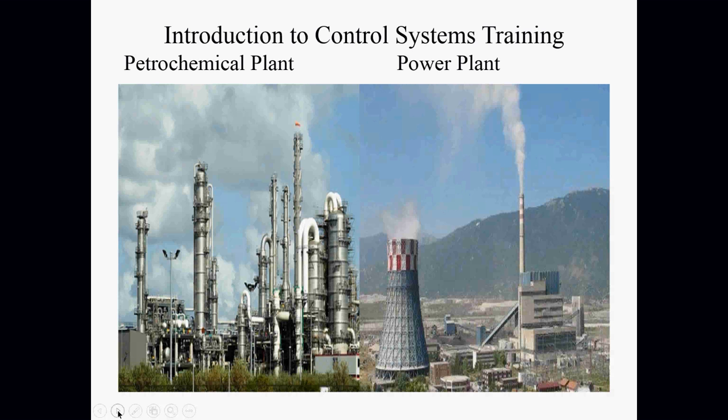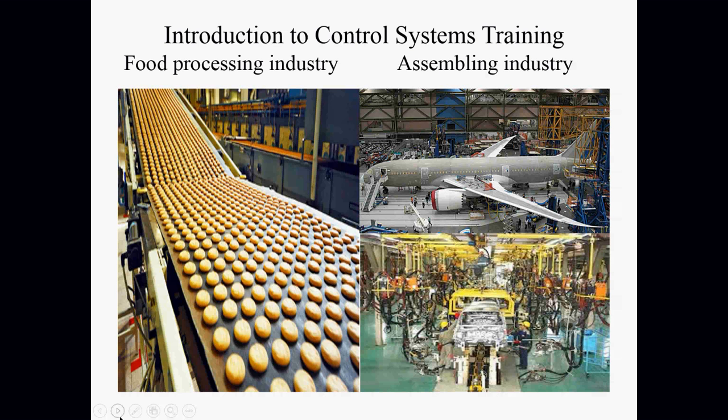If anybody has any previous experience working with any of these, they can immediately look at the images and identify which is going to be a power plant and which is going to be a petrochemical plant. Now if we move to the next screen, we can see that there is a food processing industry, and then we can see an example of an assembling industry.